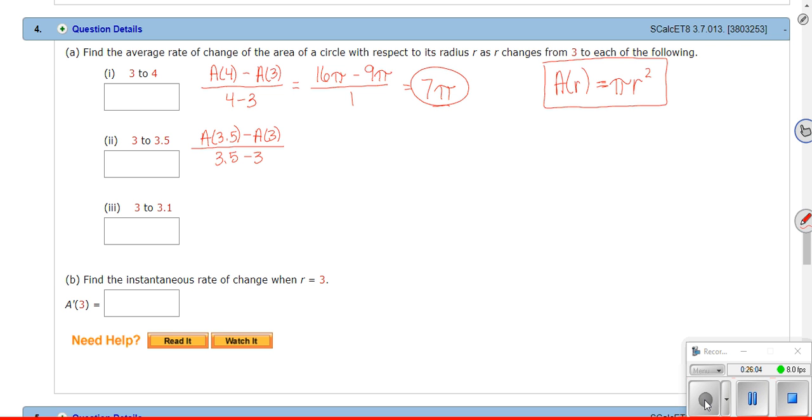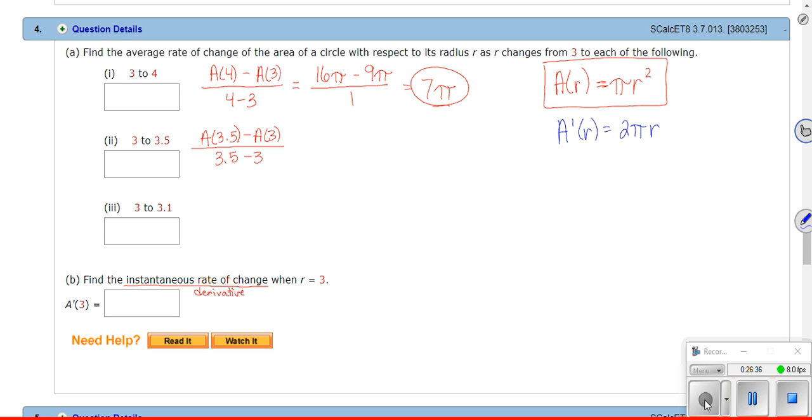Then it says find the instantaneous rate of change when r equals 3. Instantaneous rate of change is the derivative. It's like velocity. It's the first derivative. So if A of r equals pi r squared, what is A prime of r equal?